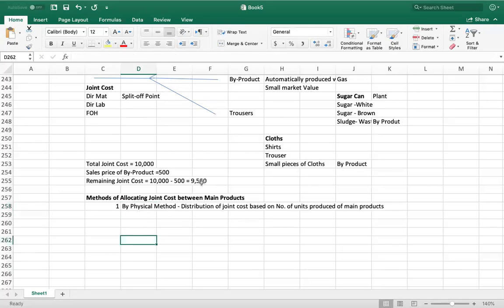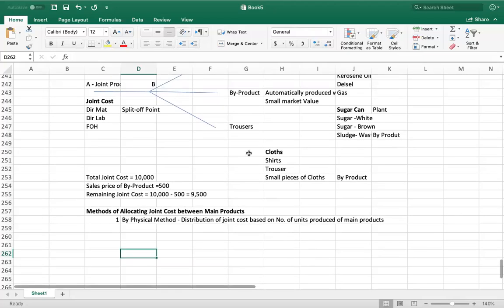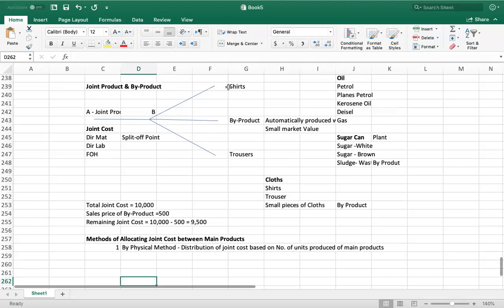What we do is distribute the remaining joint cost based on the number of units produced of the main products. How many units we are producing for these main products, based on the number of units, we allocate the joint cost between them.